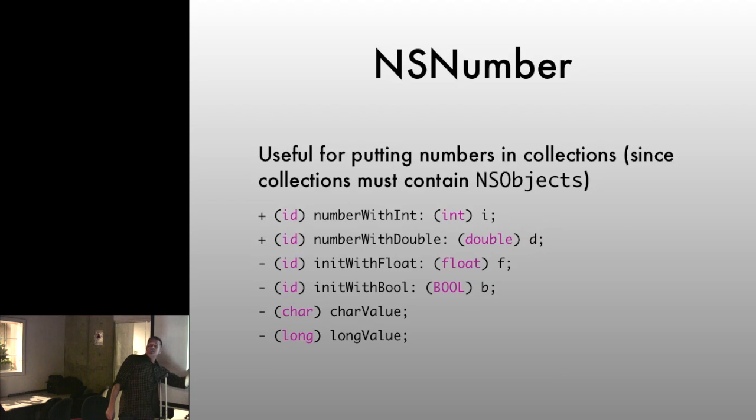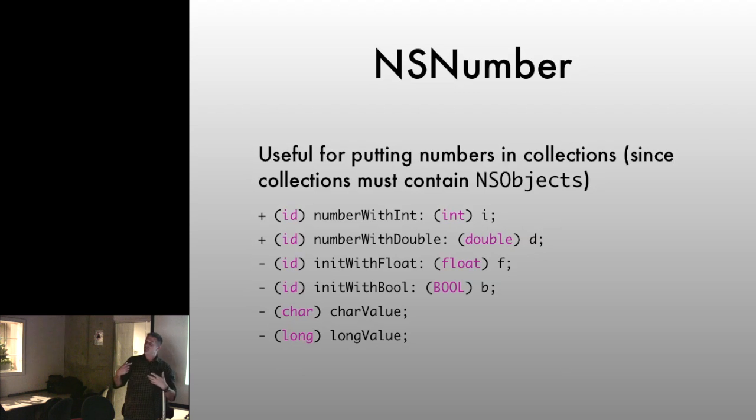Two class methods here. Number with an integer takes a primitive type, a C integer type, and returns you back an object, which means that these are perfect for installing in collections. So here are the wrappers.